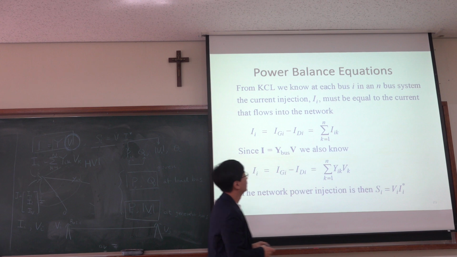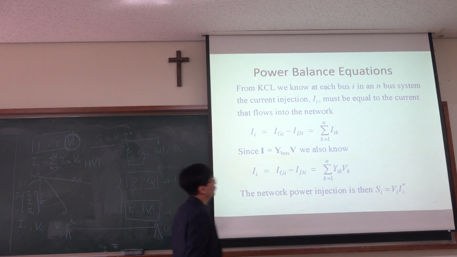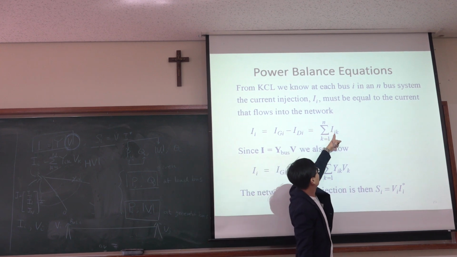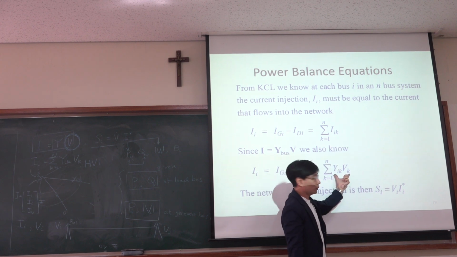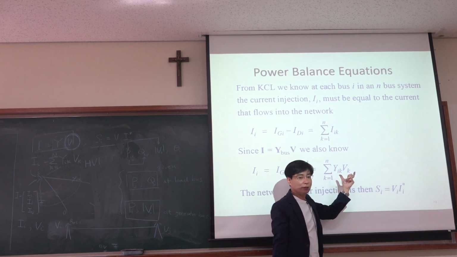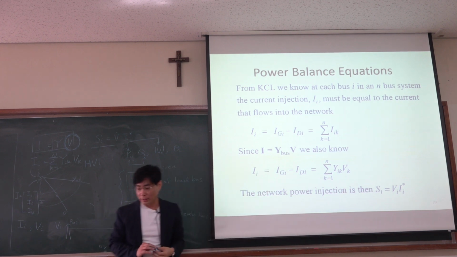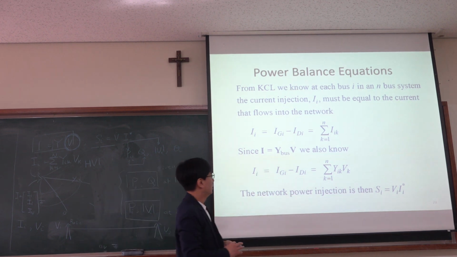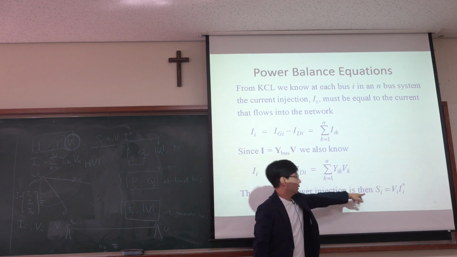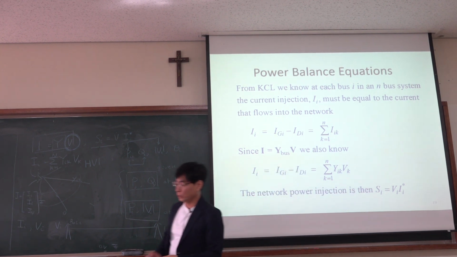Same thing. Then you can define this I sub ik is this one. But actually, we do not use that. Mathematically, you can define like that, but we do not use that. And the network power injection is, again, S I equals V I conjugate.